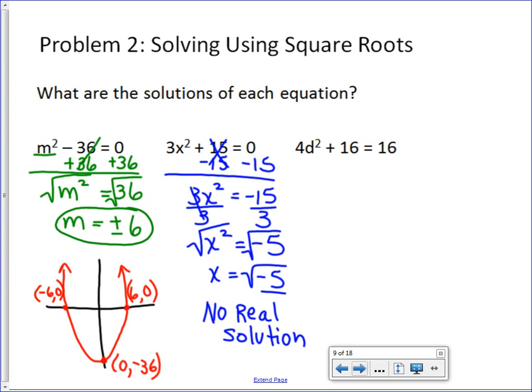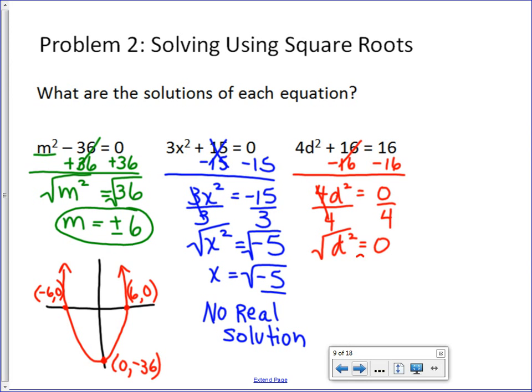Our last example. Here we're isolating d, so I'm going to subtract 16 from each side. I end up with 4d squared is equal to 0. Dividing both sides by 4, I end up with d squared is equal to 0 divided by 4, which is 0.